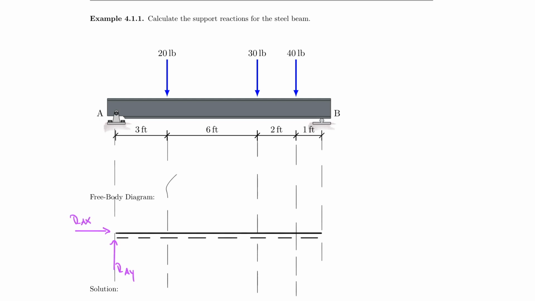And then because we have a roller on the right side, I only have one support reaction, which then is RBY. And for my free body diagram to be complete, I need to add my forces. So I add those. And of course, I properly identify them. And now I'm done with my free body diagram.